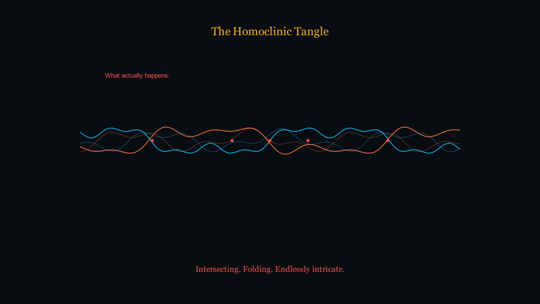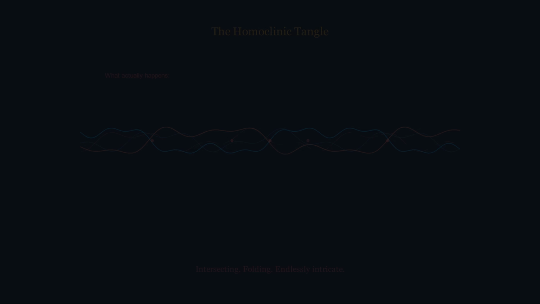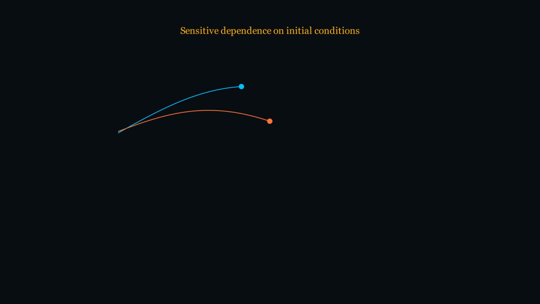Instead, they intersect. And once they intersect, they do so again and again, folding over themselves in an endlessly intricate pattern. Inside that tangled structure, tiny differences in starting conditions grow over time. Two trajectories that begin almost indistinguishably close can eventually separate completely, leading to dramatically different futures.